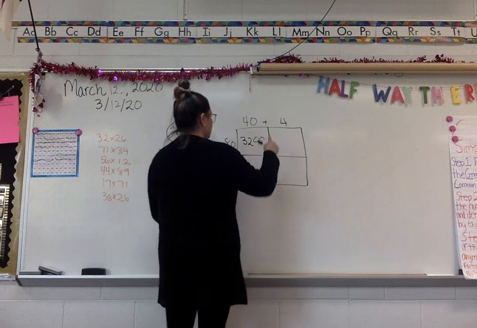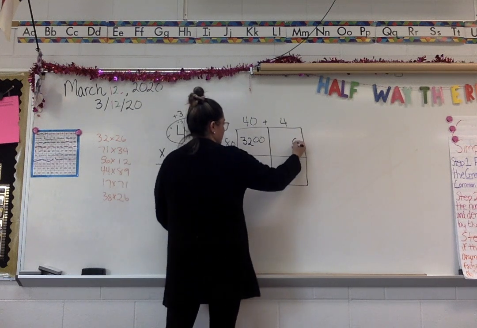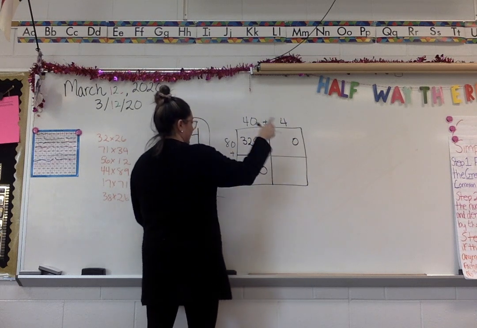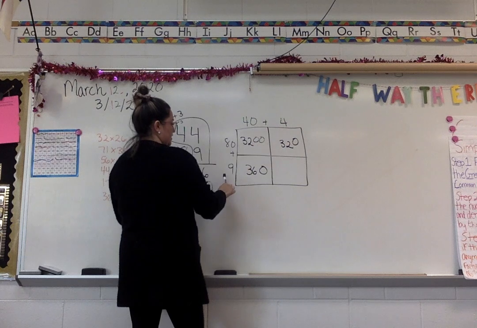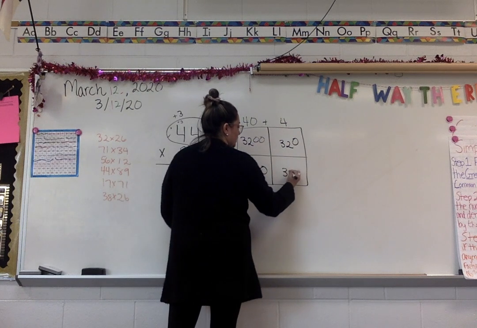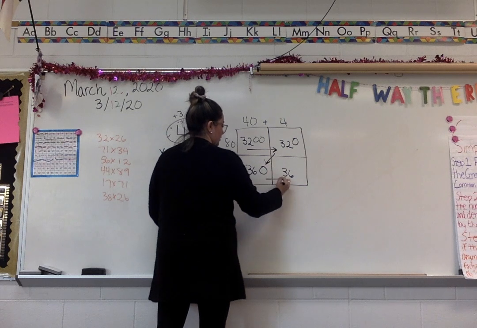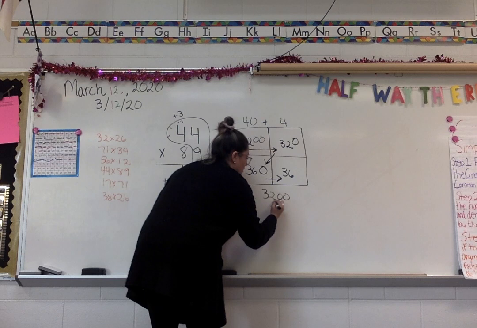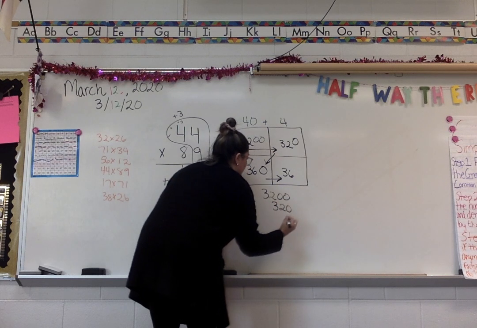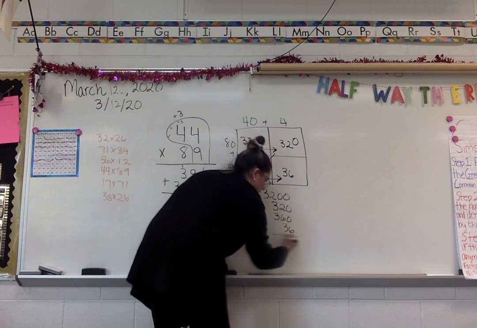Okay? So again, 4 times 80, I see only 1 0 this time. And then 8 times 4 is 32. Now we have 4 times 9, which will be 36. So we're going to go in order. So 3,200 plus 320 plus 360 plus 36.